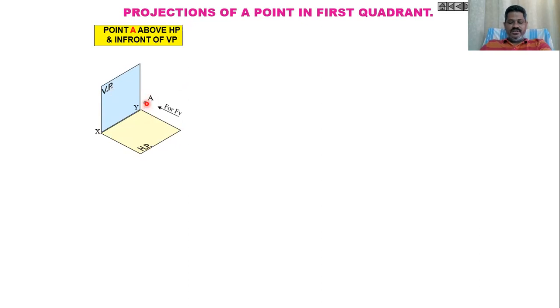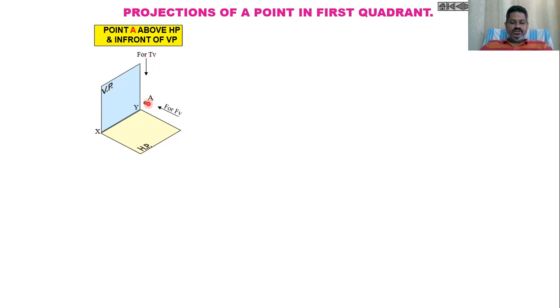That means this point is located at a certain distance from the vertical plane and at a certain distance from the horizontal plane, like this. Then this point is observed from the top like this, and this point is observed from the front like this. That means the observer is exactly perpendicular to the reference plane.